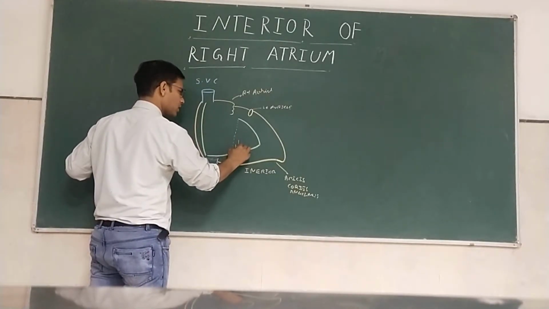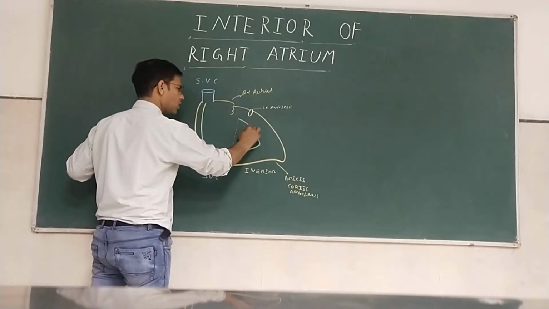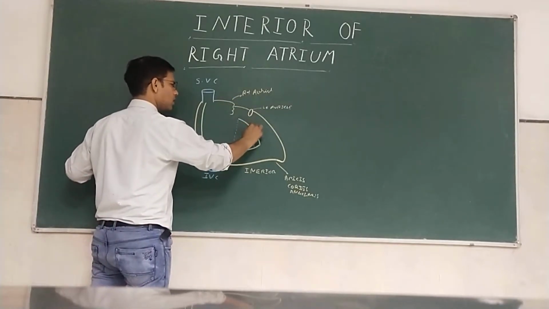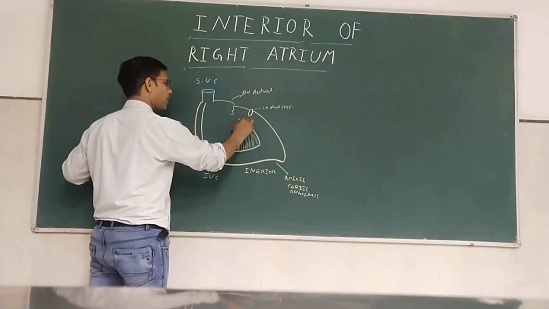This flap is showing some projections in the wall, known as musculi pectinati. These are elongated structures of variable length, and due to these structures this part of the atrium is known as the atrium proper, or rough part.